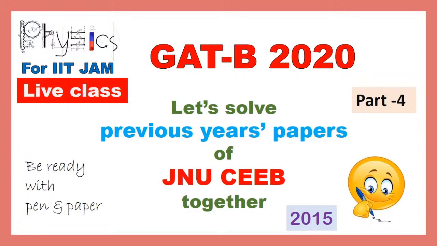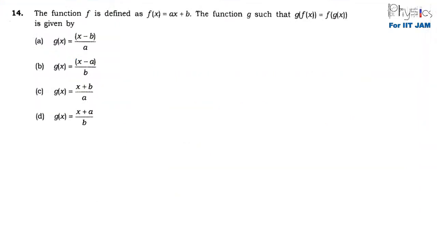So today we are going to solve the questions which came in the JNU CEEB paper in 2015. So let's start. This is the first question for today. The question is: the function f is defined as f(x) equals ax plus b.